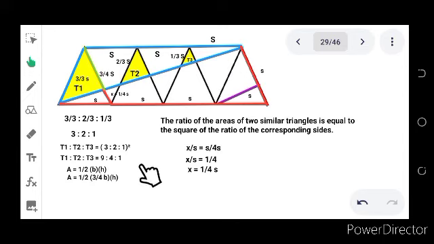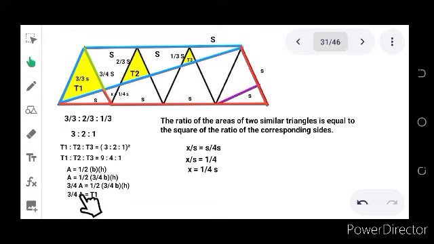So since we multiply the base by 3/4, to maintain the equality, we also have to multiply the area by 3/4. So that is now 3/4 A equals 1/2 times 3/4 BH.